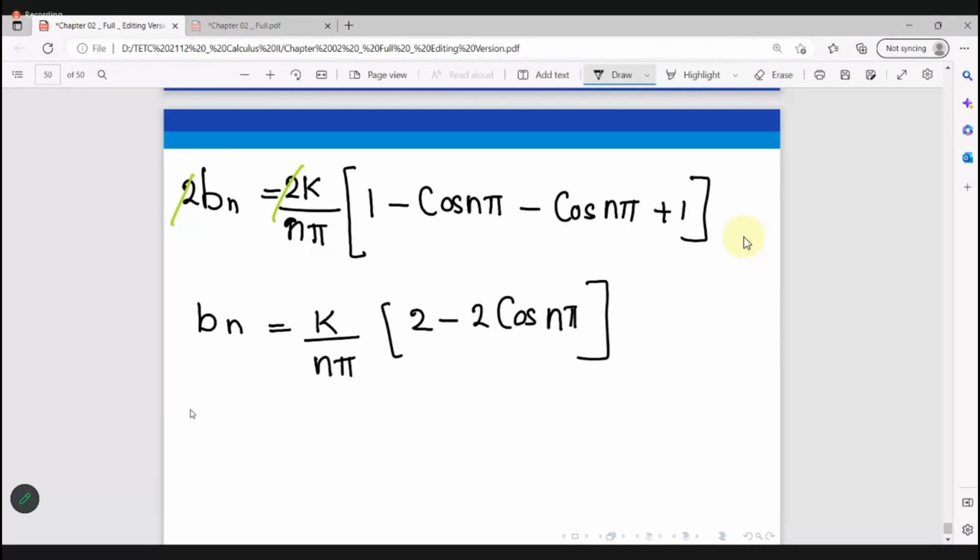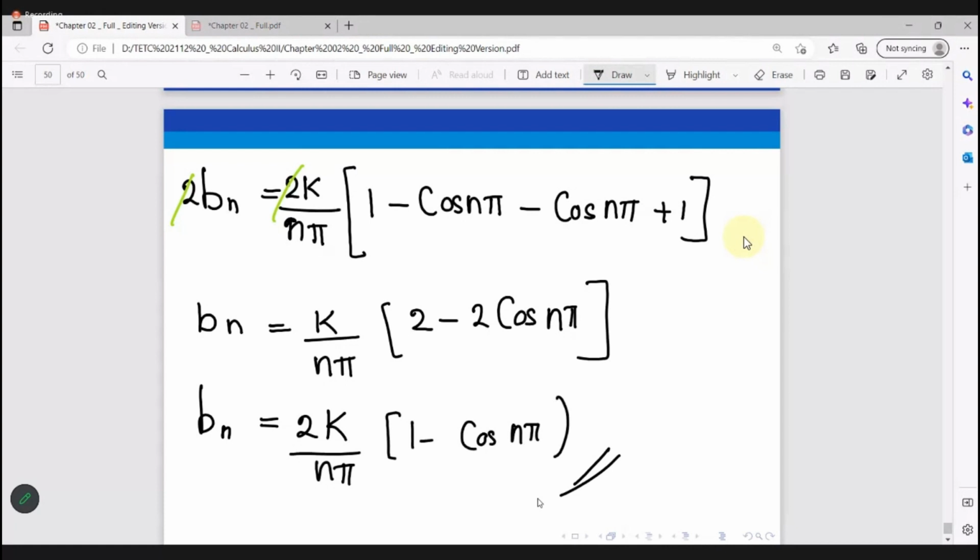Since this 2 is common, we can write bn is equals to 2k over n5 times 1 minus cosine n5. So once we have the coefficients, we substitute a naught, an and bn in the expression of the Fourier series. We have obtained our a naught is equal to 0, an is equal to 0 and bn is this one.